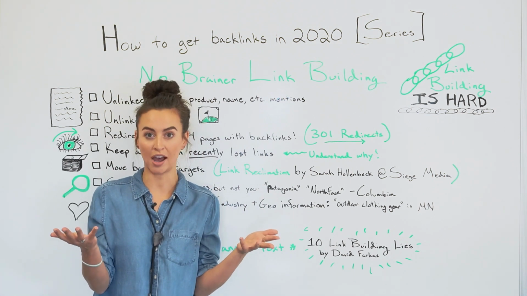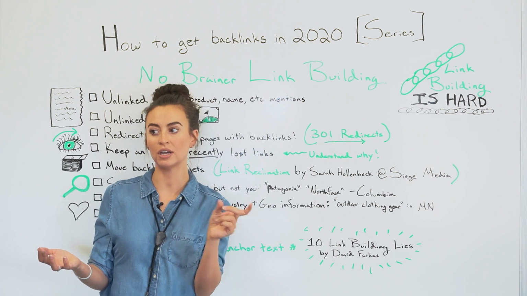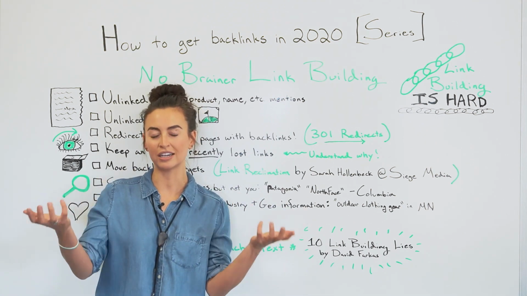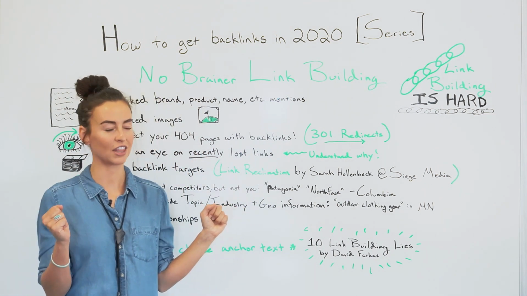All you want to do with that is just simply 301 redirect that old broken page to a new relevant page. And you're kind of saving that authority that is being sent to your site. So easy. A lot of people forget about that one.